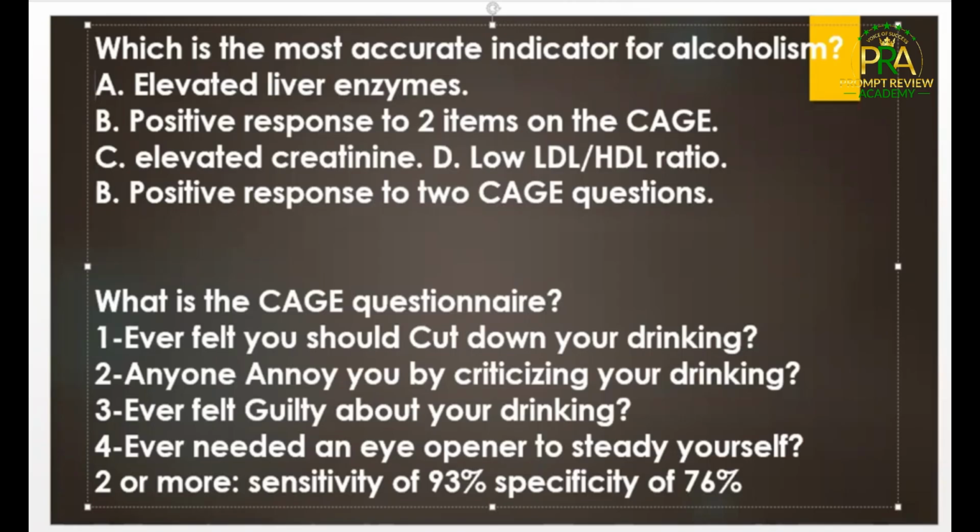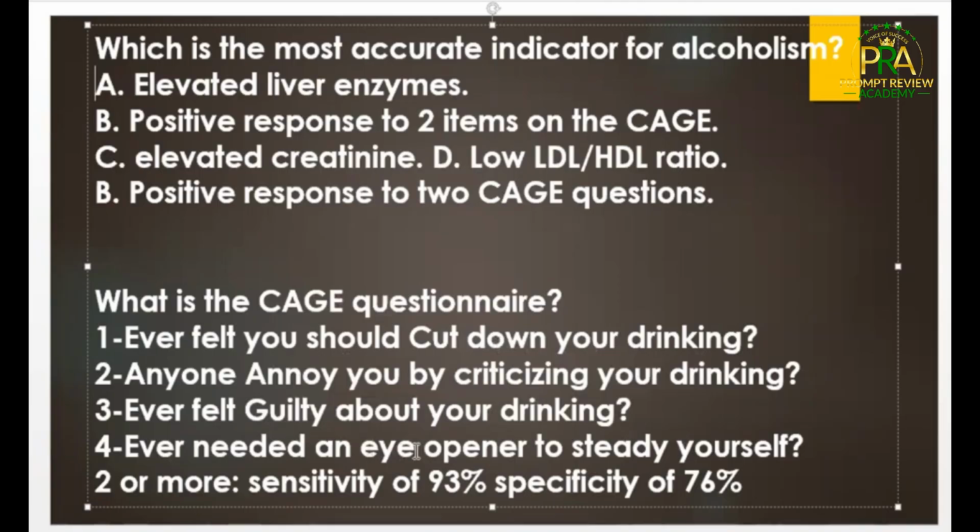If you choose B, that is correct, because when you are trying to make a diagnosis of alcoholism, you are going to ask them the CAGE questionnaire. C is cut down on your drinking, A is annoyed by people criticizing you for drinking, G is guilt about drinking, then E is eye opener.